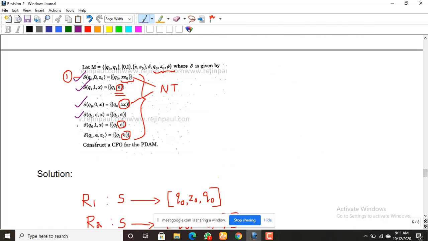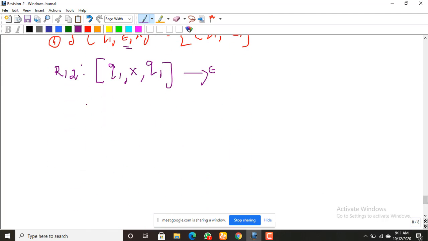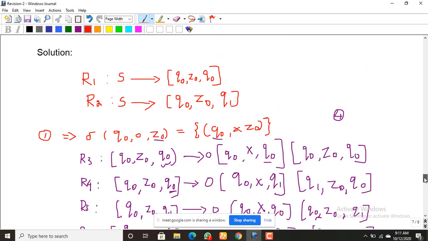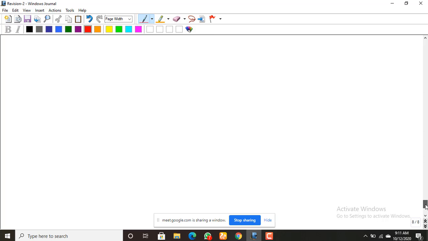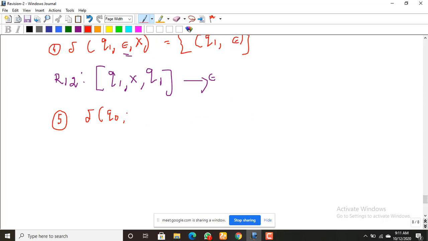Next, which is about 5, Q0 1x equal to Q1 epsilon. So ID number 5, delta of Q0 1x equal to Q1 epsilon.